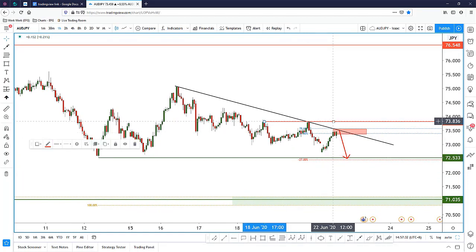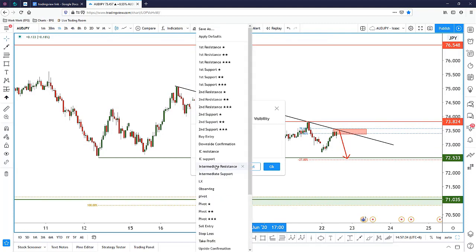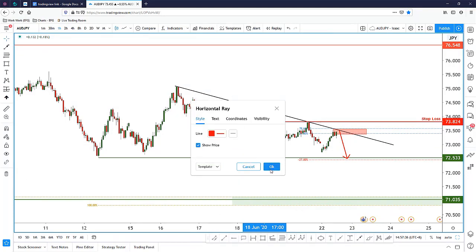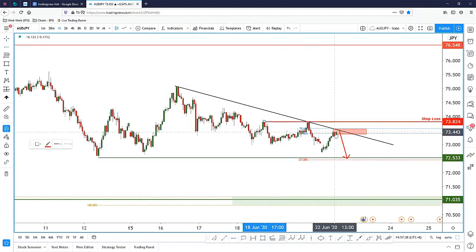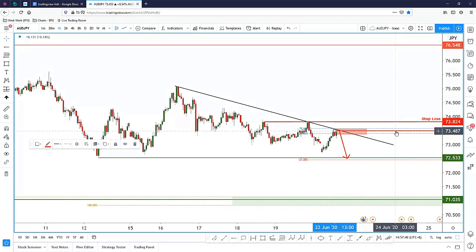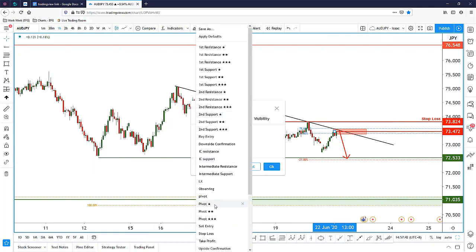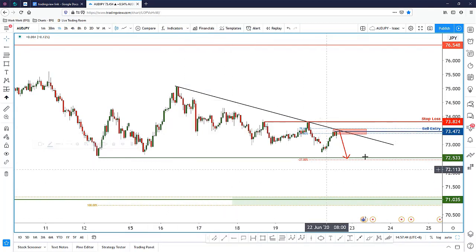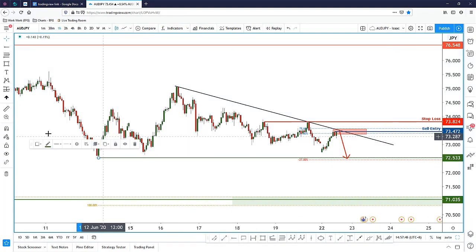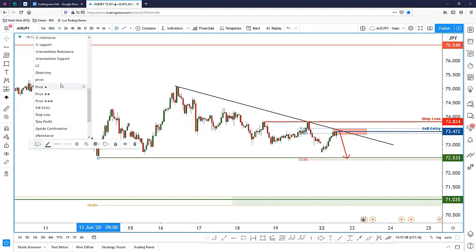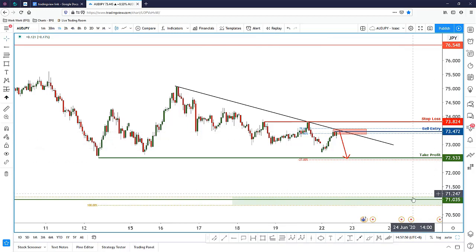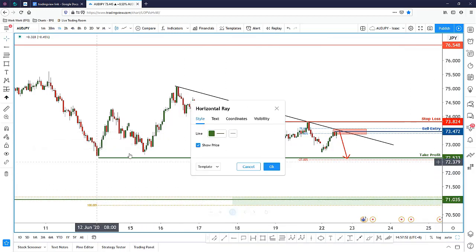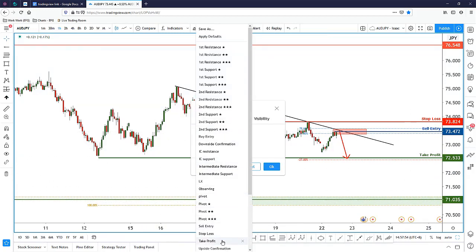And this swing high, this 4-hour resistance, will be my stop loss. So this is my stop loss, and anywhere in this level, I will have a sell entry. All right, with this as my first take profit. And then finally, my daily target as my final take profit.